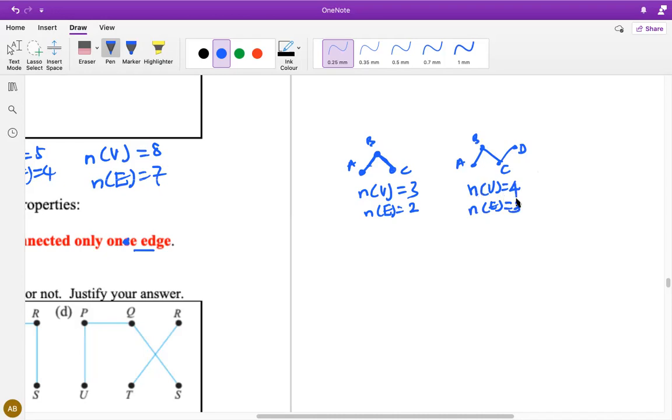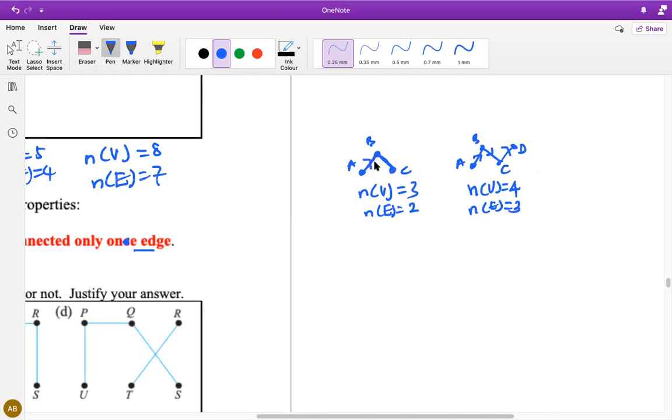Okay, so in other words, let's say I have this directed graph. If I want to go from A to D, I have only one route. I cannot have 2 routes. If I have 2 routes, that is not a tree, right?